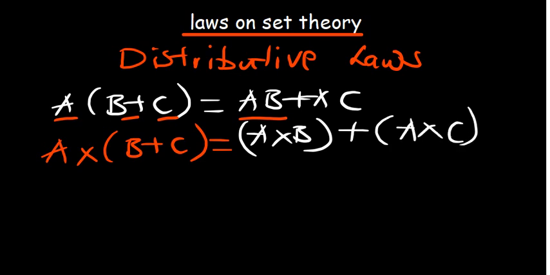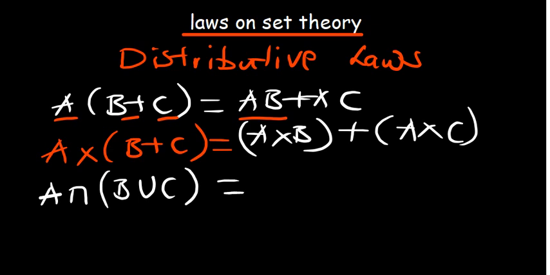Now distributive laws are different from associative laws because you get to work with different signs. The first distributive law is A intersection, and instead of having intersection in the brackets, I'm going to have a union there. So B union C. It's kind of a case of multiplication, so intersection is like multiplication there. So it's going to be A intersection B, then the union, then A intersection C. That's the first distributive law.